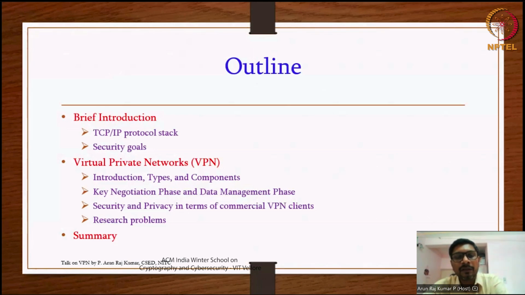Then on virtual private networks, I'll be giving an introduction, talking about the types of VPN and the components involved. There are two phases involved in setting up virtual private networks, so I'll be discussing those two phases. And in terms of commercial VPN, what are the security and privacy issues and research problems involved in the VPN? And I'll be summarizing it.